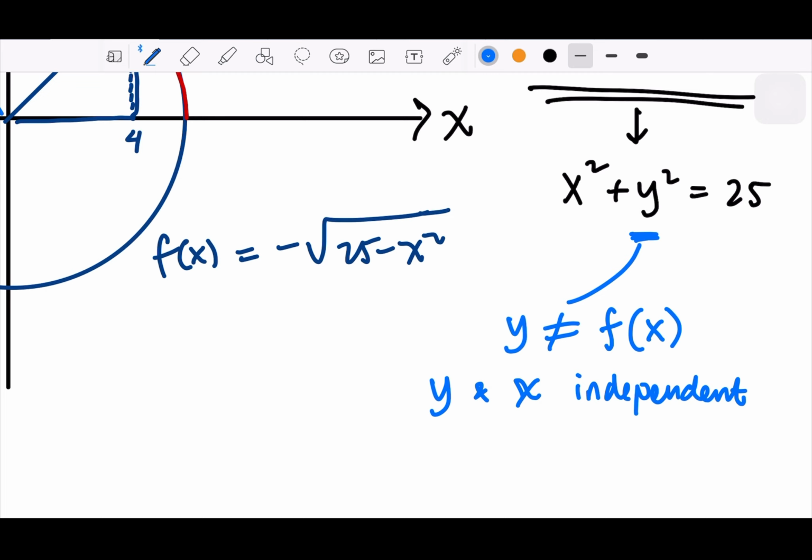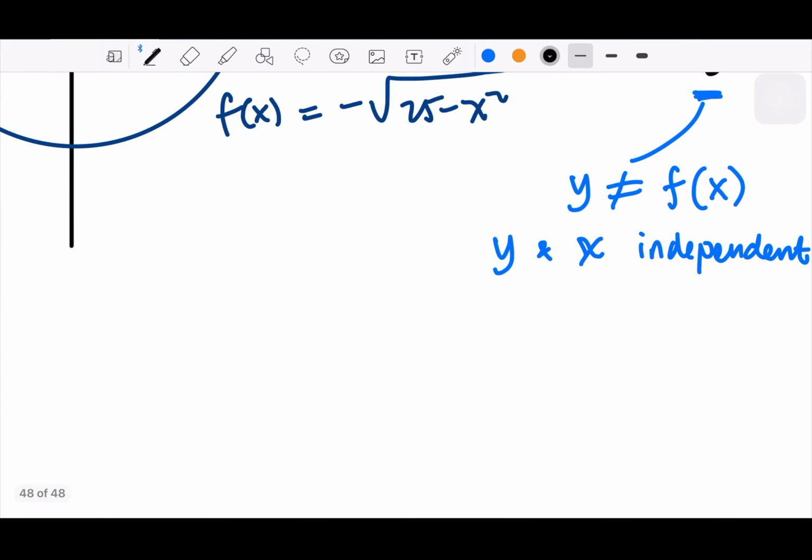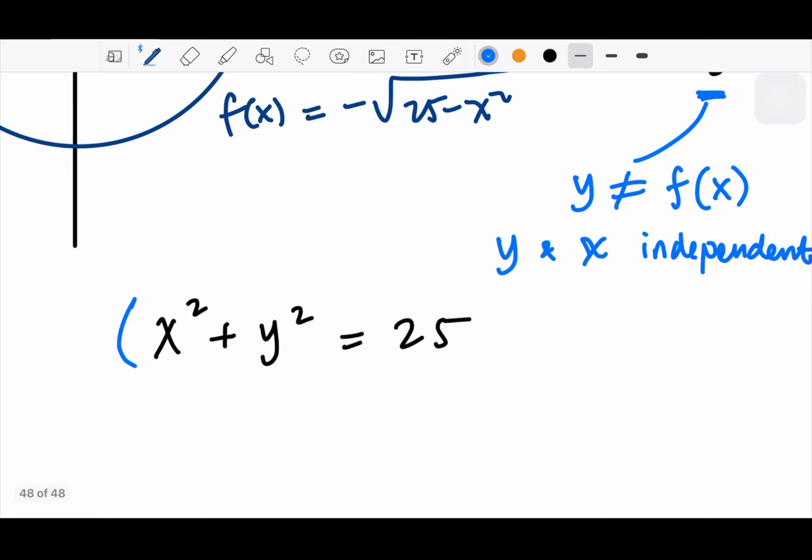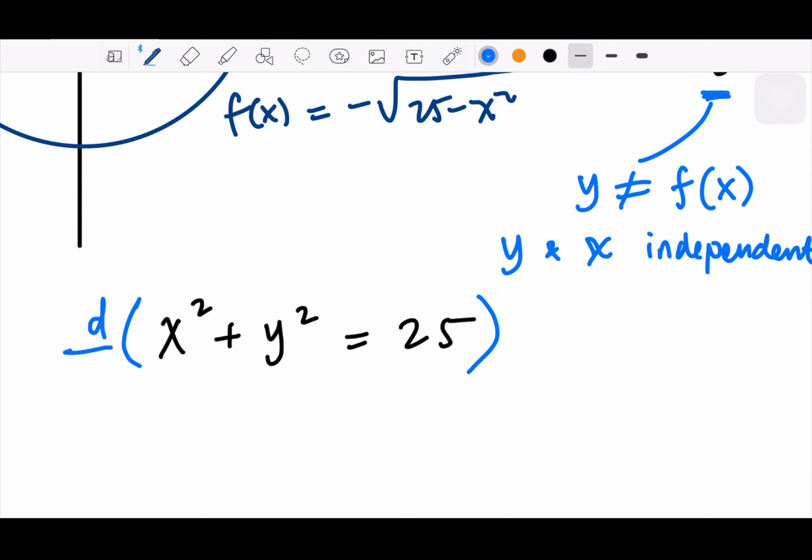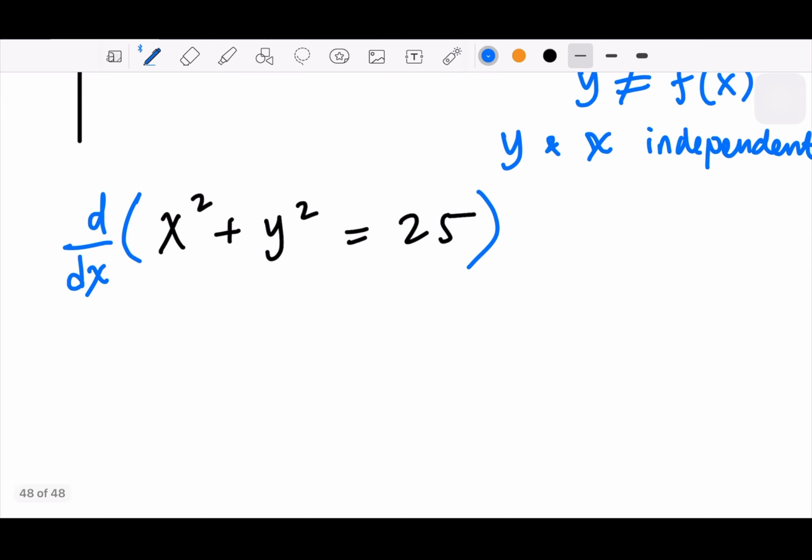So, if we have x squared plus y squared equals 25, okay, and we want to differentiate, we treat y as a function of x, but we need to have additional content. So if we take x squared, we just have a simple 2x.